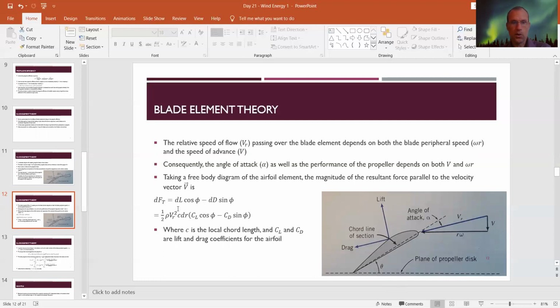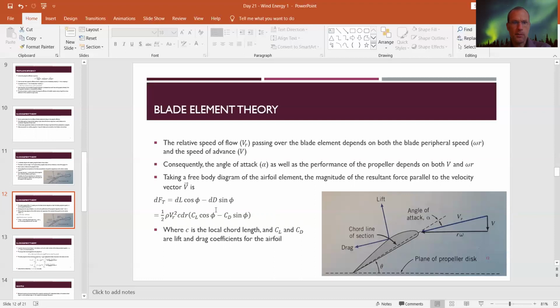So total force dL cosine phi minus dD sine phi. That's my elemental force from this little part of the blade in the up and down, what I'm going to call a y direction right now. Again, same direction as this incoming velocity vector v.